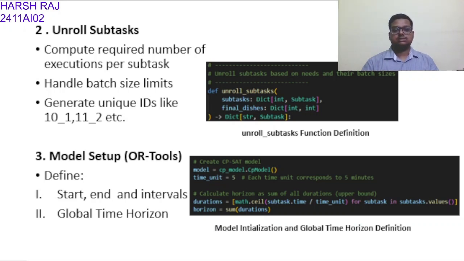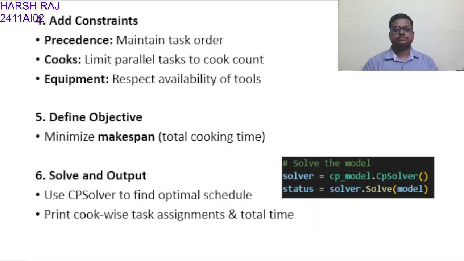Once subtasks are unrolled, we initialize the CP SAT model, time unit, and a global time horizon H, which here we have used as the sum of time units of each task. This horizon affects the number of variables and constraints, so we need to carefully define its value. Now we have constraints.